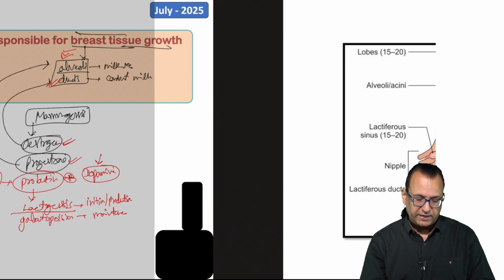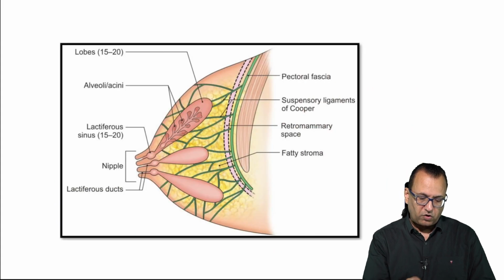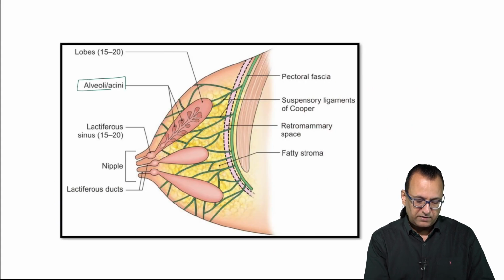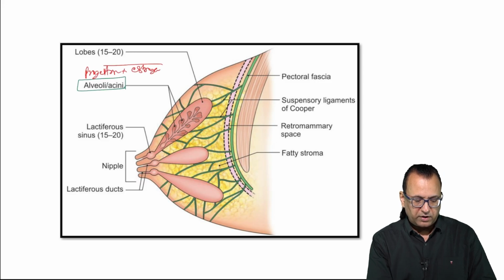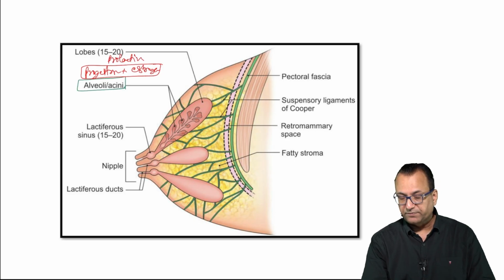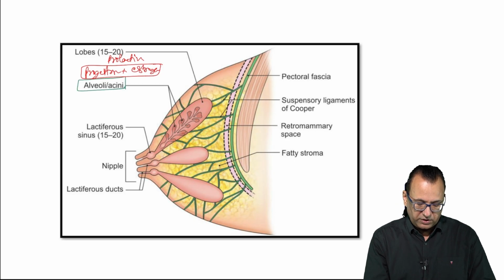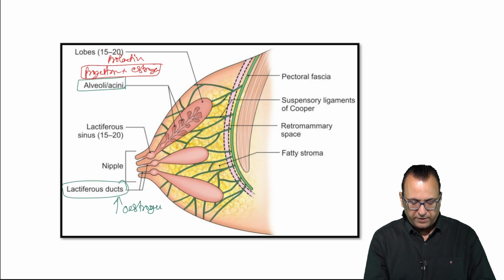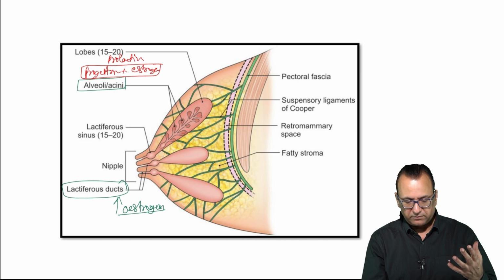So the point here is, when we are talking about alveoli development, means these alveolar ducts which produce the milk, basically here it is the progesterone working, a little bit of estrogen working, but also prolactin, especially post delivery. Now if you are talking about these ducts, they chiefly work under estrogen's help during puberty.